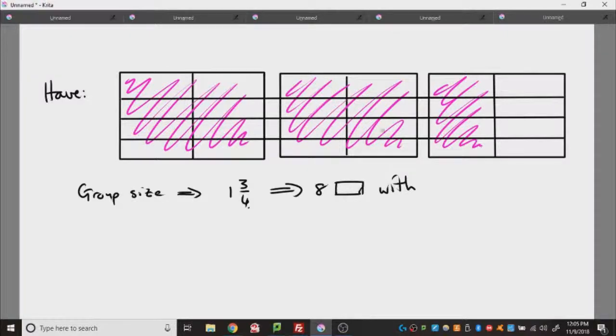So 3 out of 4 rows would be 6 for a total of 14. Some people like to draw that completely separately because they can't not see the pink. If you can manage to not see the pink while looking directly at it, then I just need to visualize a rectangle. It doesn't matter if I look at the ones I already have or new ones, it's the same rectangle. Any questions on the 14?